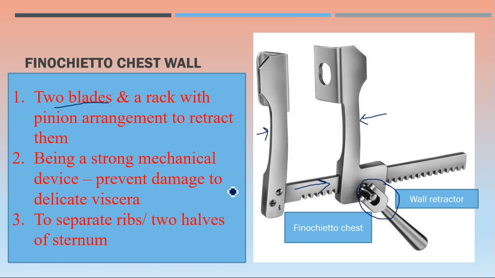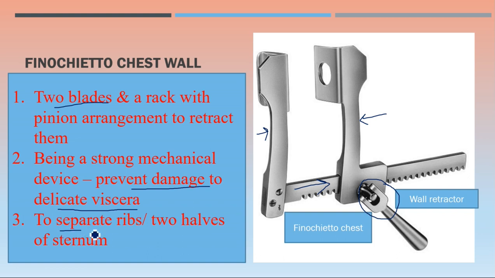Being a strong mechanical device, it is usually used to retract the thoracic wall. During thoracotomy, it is usually used, and as this instrument is very strong, we should prevent damage to the delicate viscera present inside the thoracic cavity while using this type of self-retaining retractor.